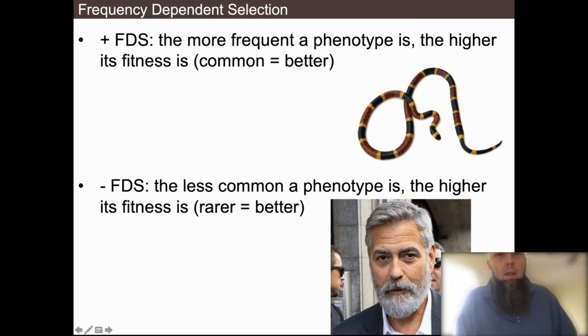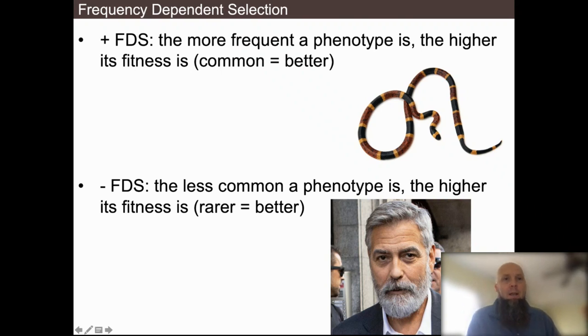Negative frequency dependent selection is the opposite. Where the less common the phenotypic trait is, the higher the fitness is. So the rarer, the better, right? There was a really interesting study that came out a few years ago about the increased prevalence of beards, and there's a picture of George Clooney growing a beard that was associated with the article.